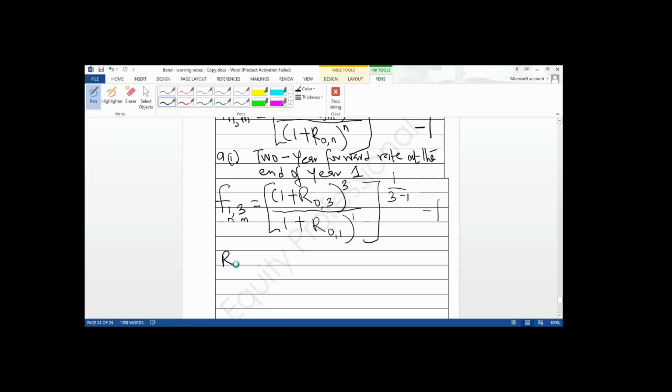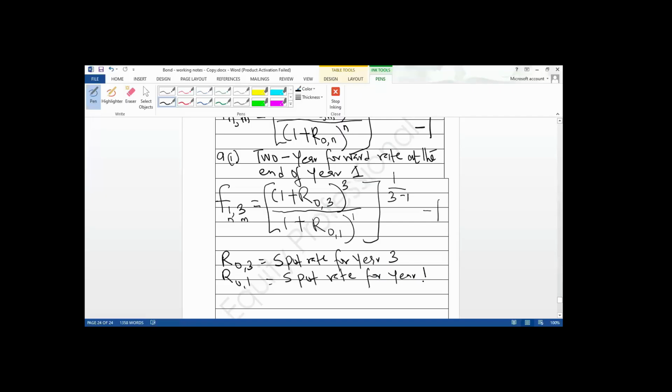Your R0 3 spot rates for year 3, your R0 1 spot rates for year 1.